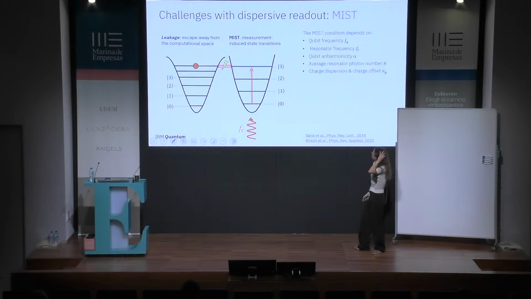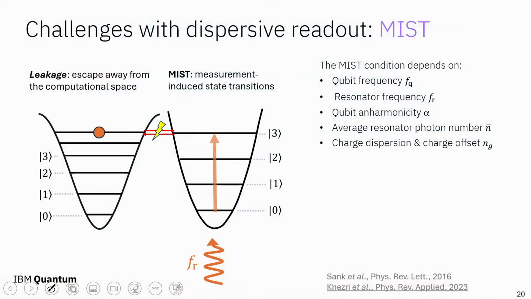And actually, it's quite complex because it really depends on all the quantities in your Hamiltonian. So it depends on the qubit frequency, on the resonator frequency, on the anharmonicity, which determines how this spacing becomes smaller and smaller as you go up. Also on the average resonator photon number, so where in this spectrum you put your excitations, and even on the charge dispersion and charge offset that you have in your transmon.